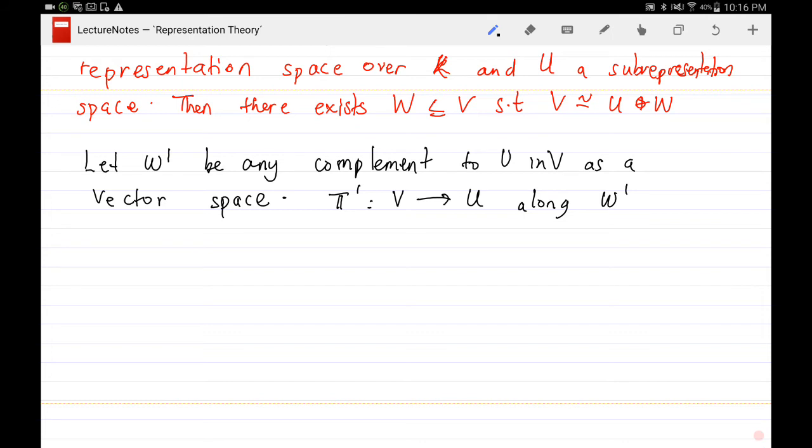So what this means is that for all v in big V, we can write our little v uniquely. I'm not sure about uniquely, but I think we can definitely write it this way, with little u in big U and little w in big W prime.